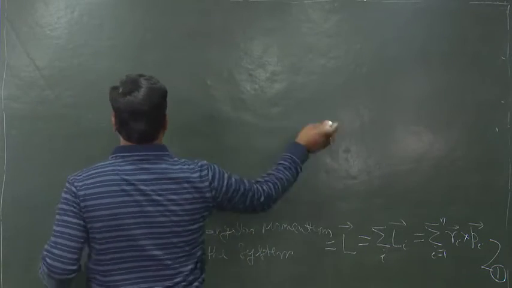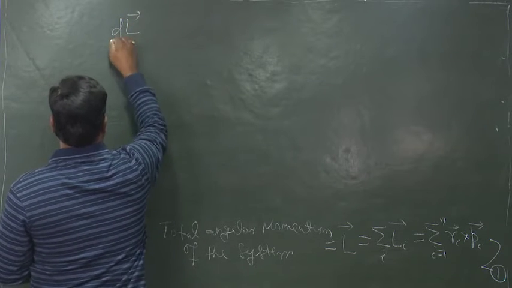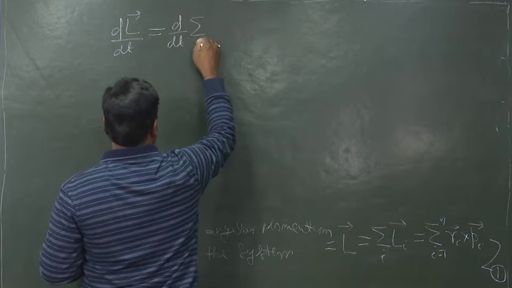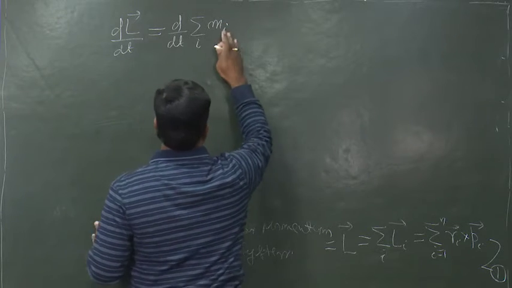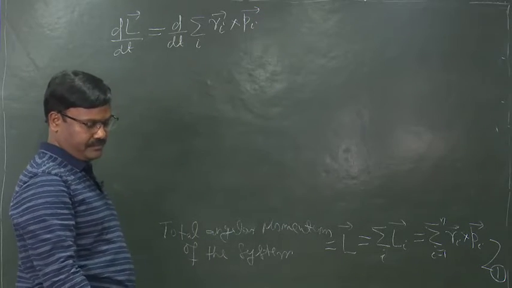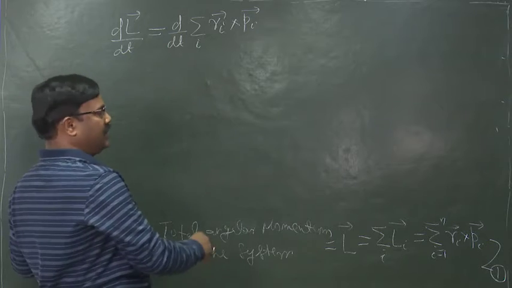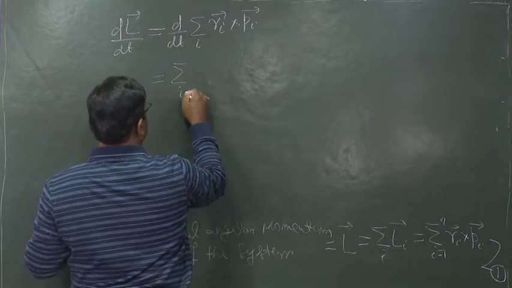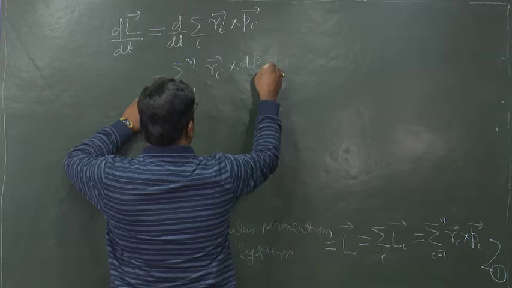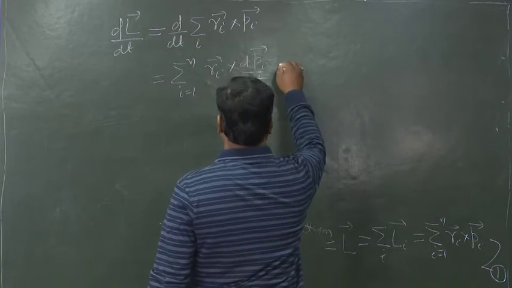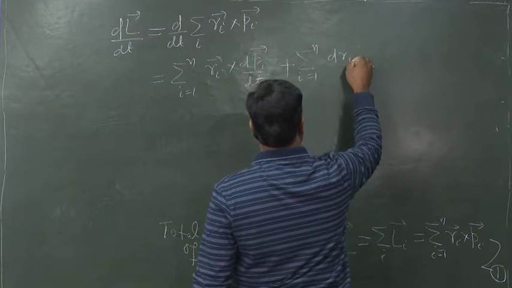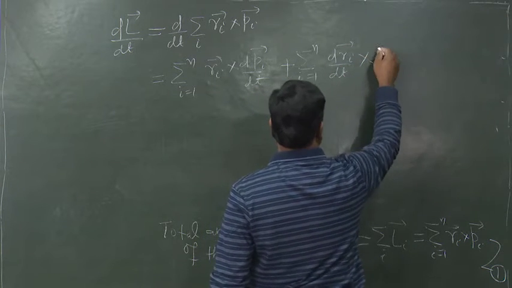So, we can write dL by dt, which is equal to d by dt of the sum over i of Ri cross Pi, and this can be expanded as the sum over i equal to 1 to n of Ri cross dPi by dt plus the sum over i equal to 1 to n of dRi by dt cross Pi.